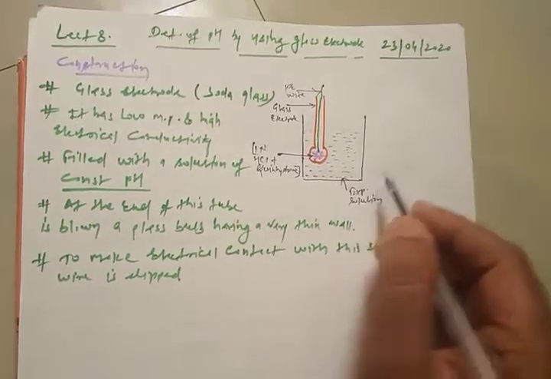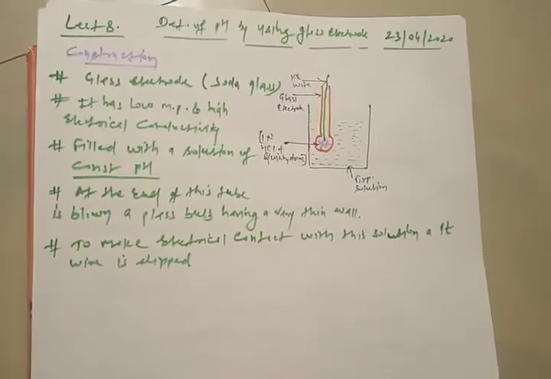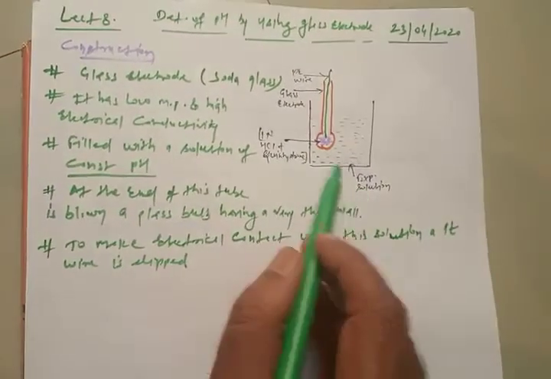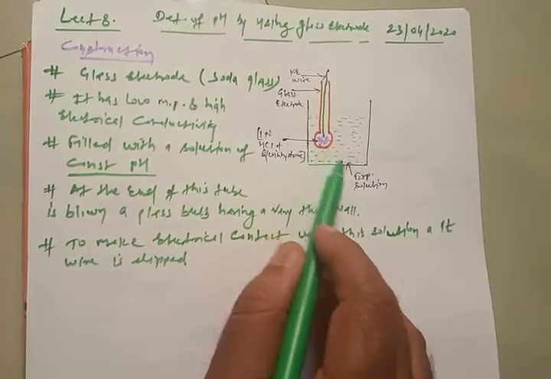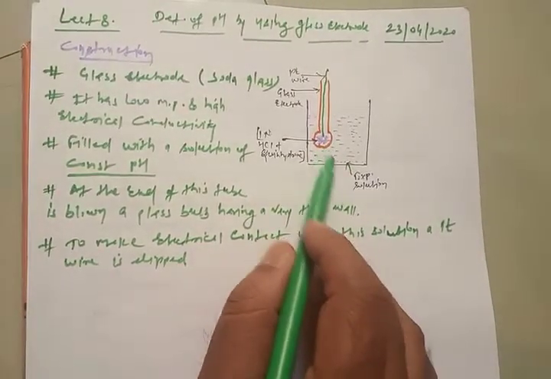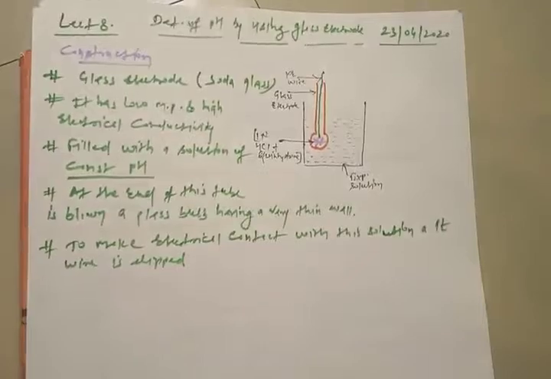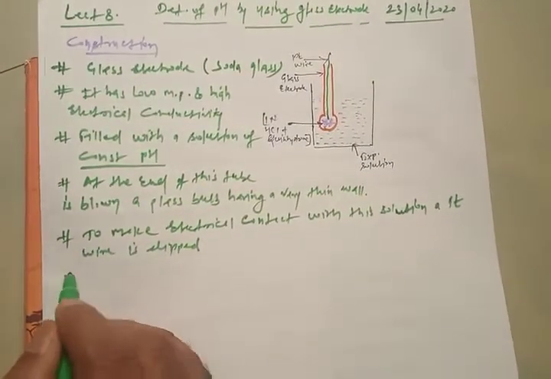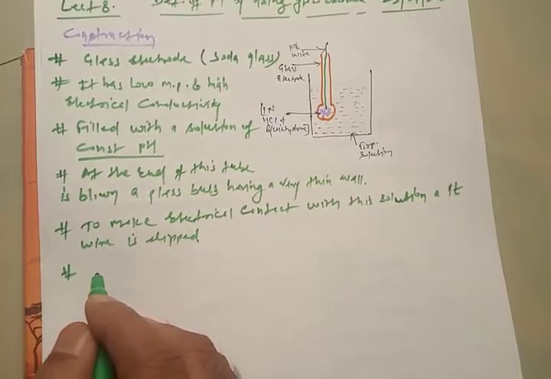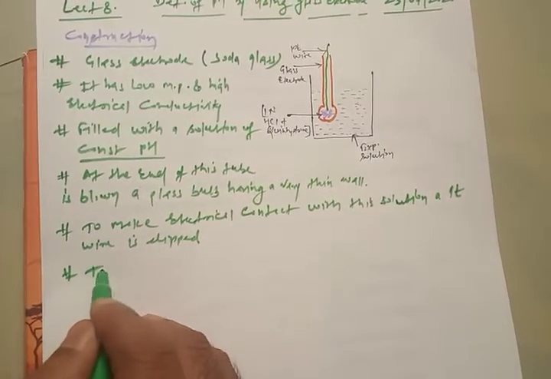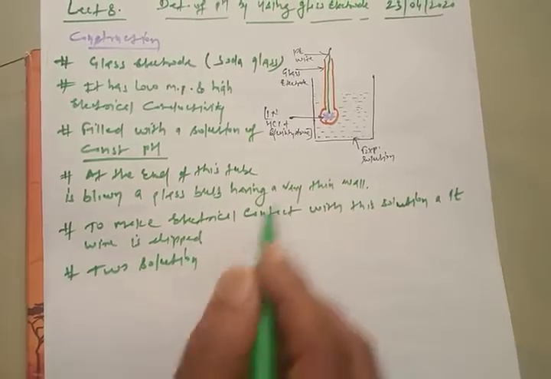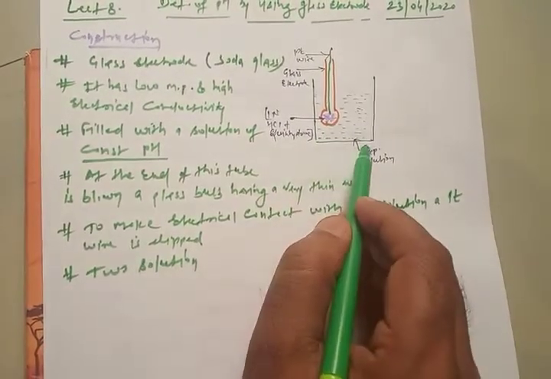That means the pH of this solution we need to identify. So this experimental solution is in contact with this known-pH solution. One solution is known and this one is unknown.